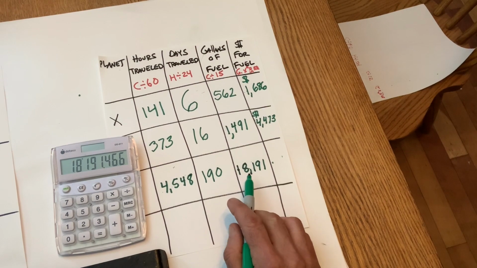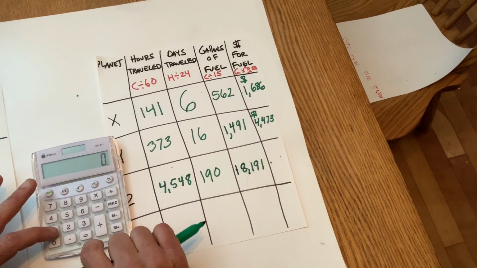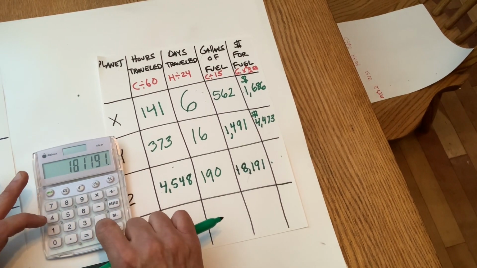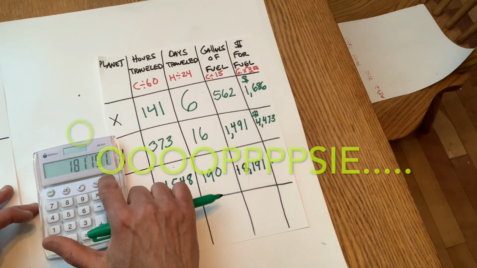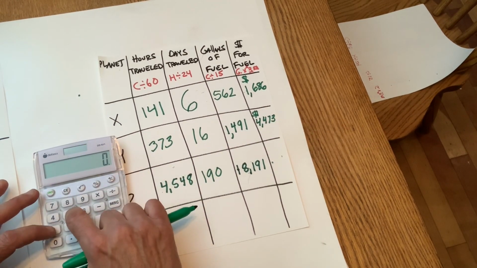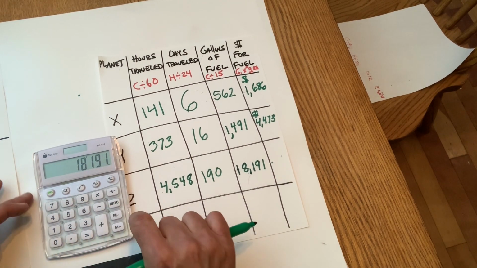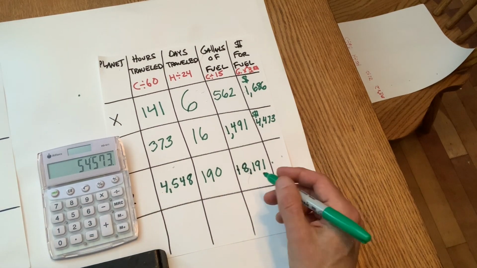That's not the dollar amount. That's the gallons of fuel. And now we have to take that number, sorry, let me clear that. 18,191 times 3. And there's the cost of this trip.